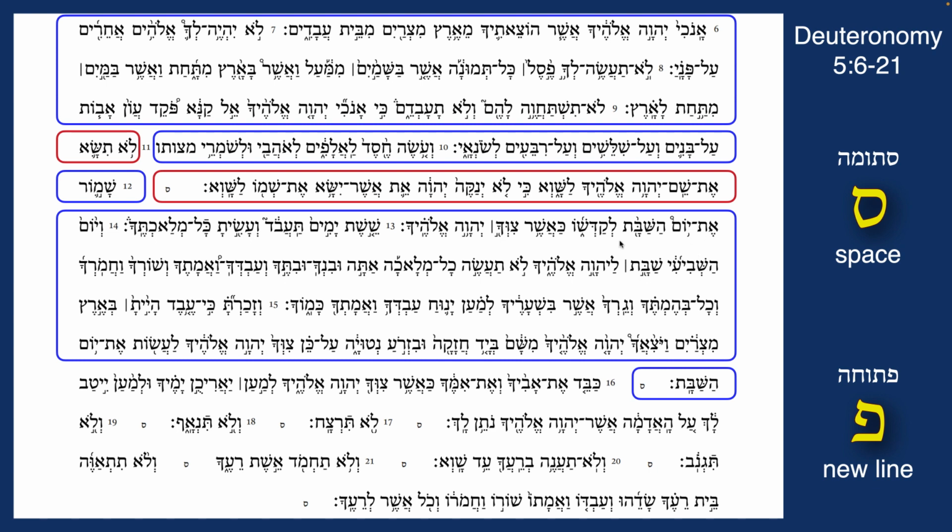Et Yom HaShabbat lechadesho, you can say lechadesho. So again, it ends with the word HaShabbat. This is an explanation about the Shabbat, that the Lord created the world in 6 days, etc. So Sheshet Yamim, the 6 days.